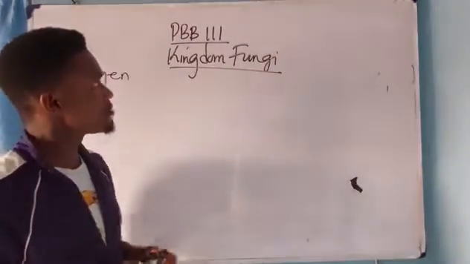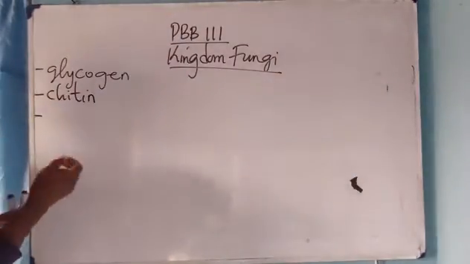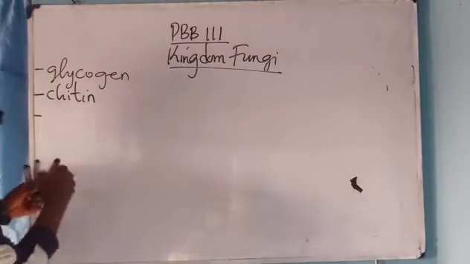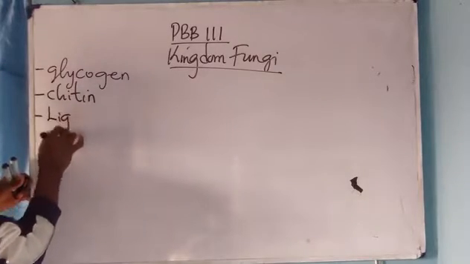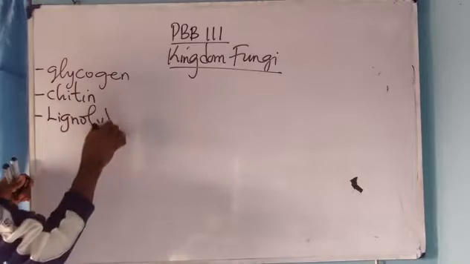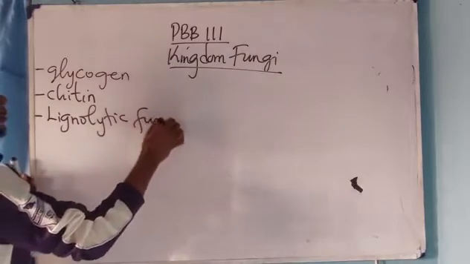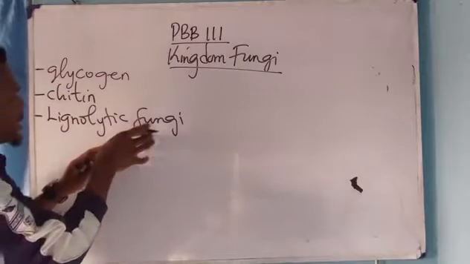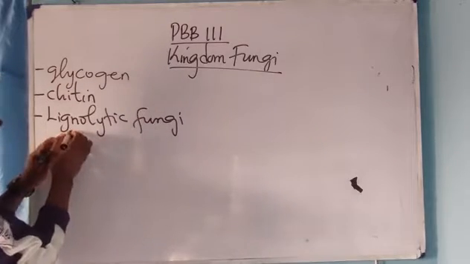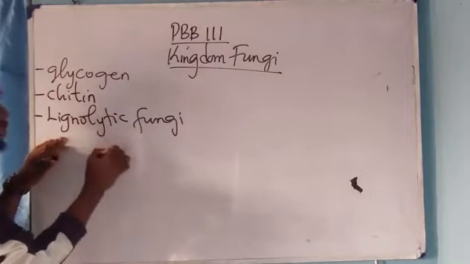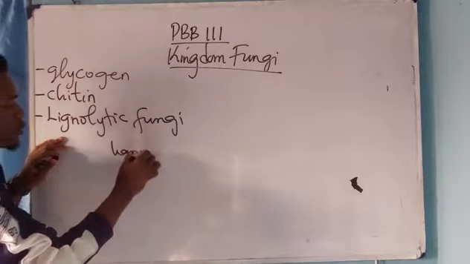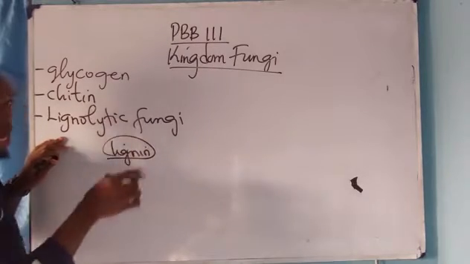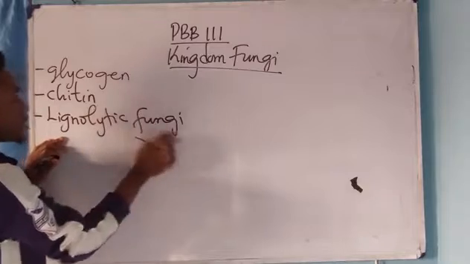The ones found growing on wood are called lignolitic fungi. They are found on dead wood because of the presence of lignin. Lignin is the outer coat of roots, so take note of that.